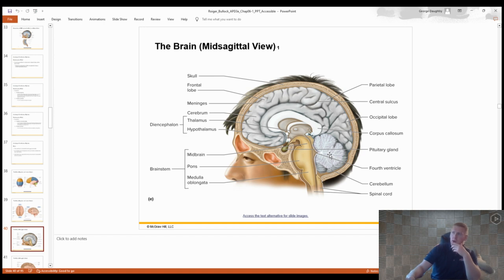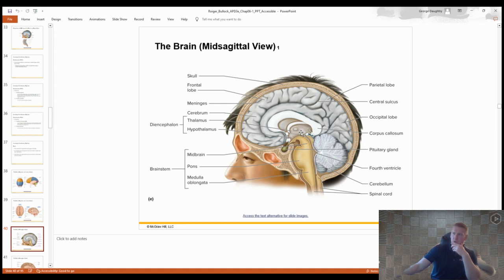Well, there's a lot going on here. Obviously, there's the ventricles that we just talked about that hold the cerebral spinal fluid, but let's get down to the diencephalon. The diencephalon is this midbrain portion right here. The diencephalon is the thalamus and the hypothalamus, right?